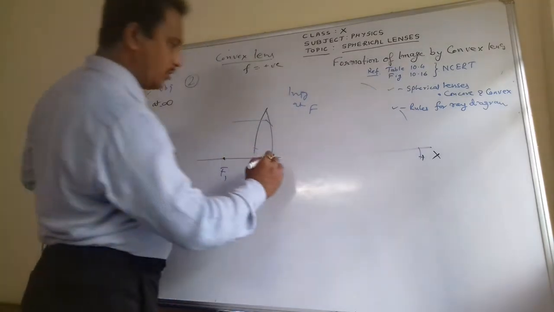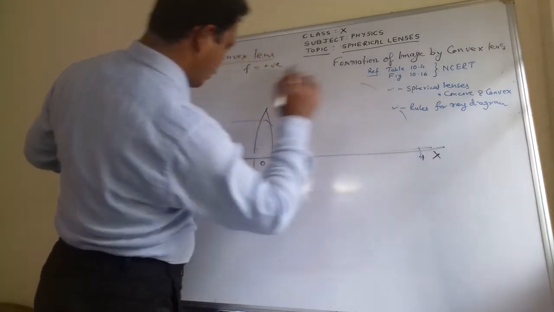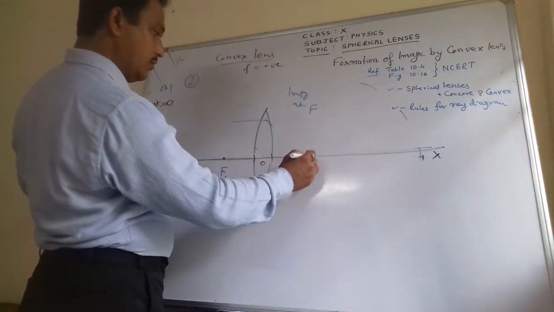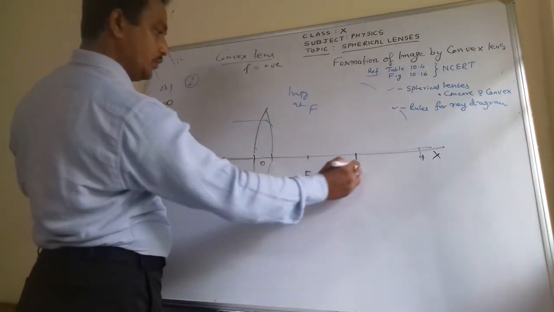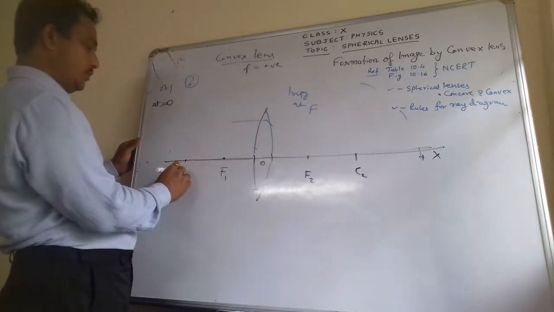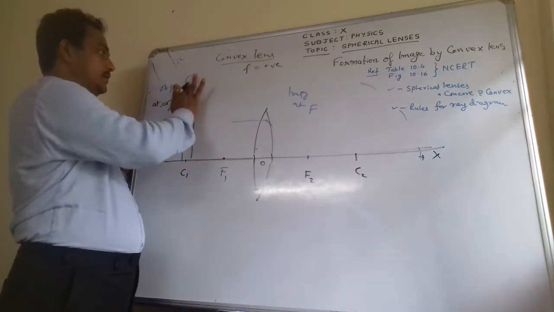Every time you have to draw the diagram neatly like this, what I am drawing. Label all the points: F1, F2, C1, C2. Now the object is placed at C, the third case.